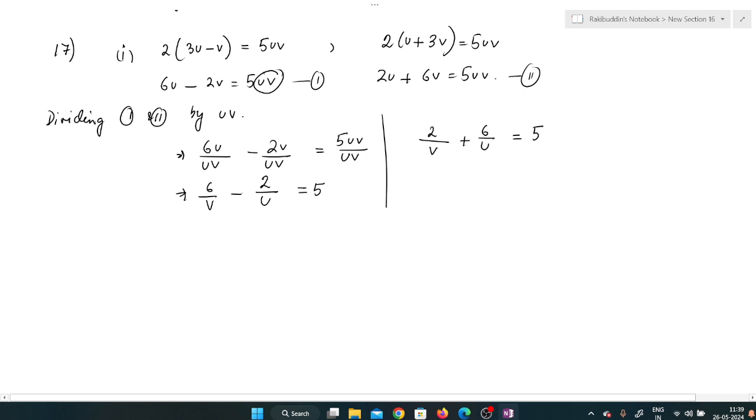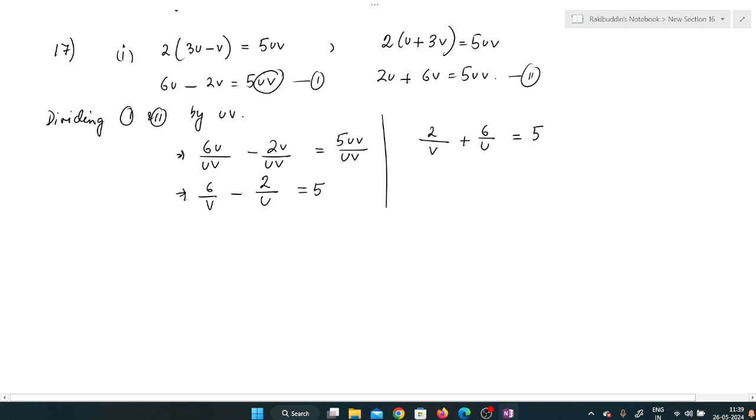See students, you cannot write each and every step every time. You have to apply it. This way you will save your time also. So now again, they are not linear equations. Now your degree is not 1. Here it is becoming negative.